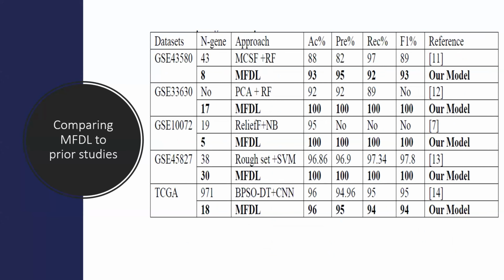Here we compare our work with other published work using the same data sets that have been used by these studies. For example, in the first study, they achieved 88% accuracy, 82 precision, 97 recall, and 89 F-score, while our model, with only 18 genes, achieved 93.